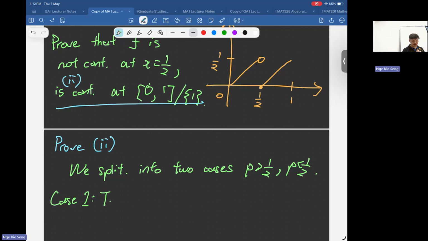Well, we need to take an arbitrary sequence, right? Take an arbitrary sequence xn that converges to a point p that's greater than half first.